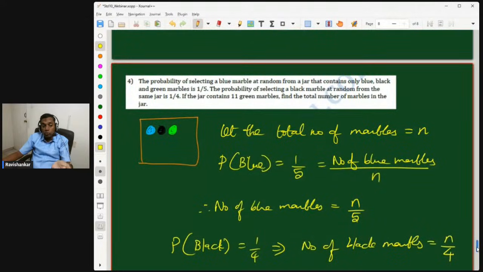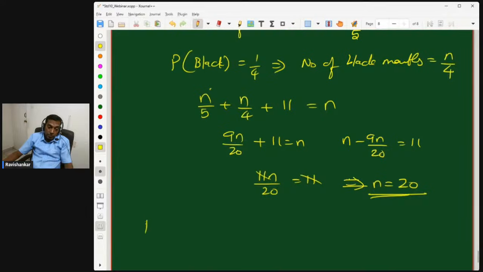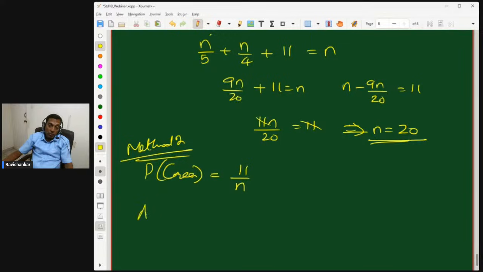Another way to do this question is, P of green is equal to 11 by n. Now, a ball is either blue or green or black.